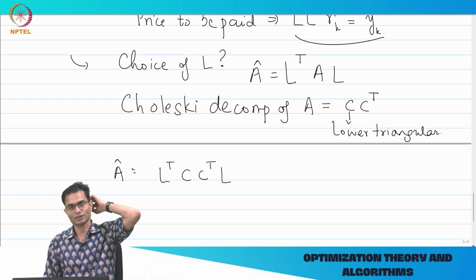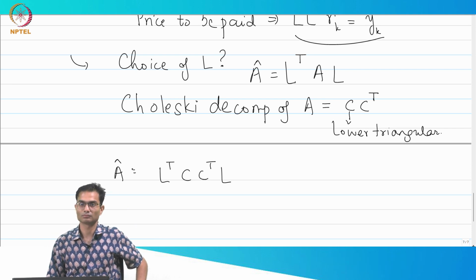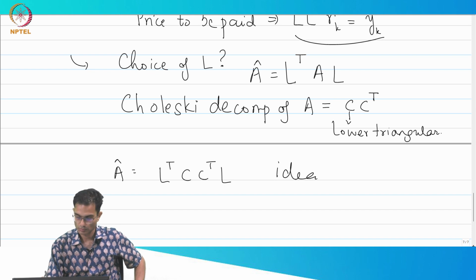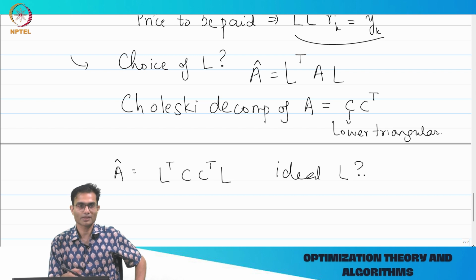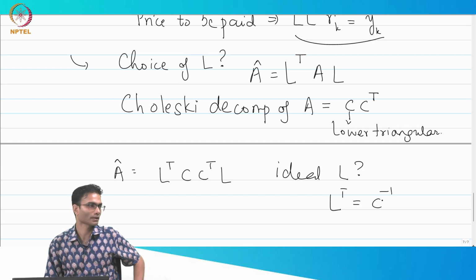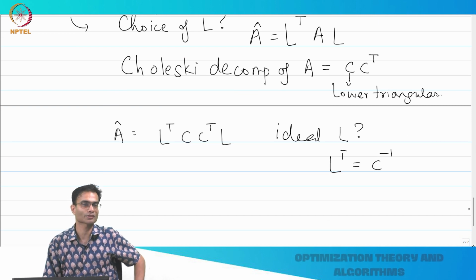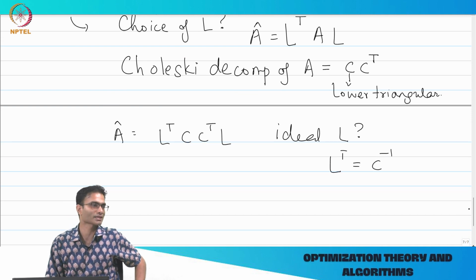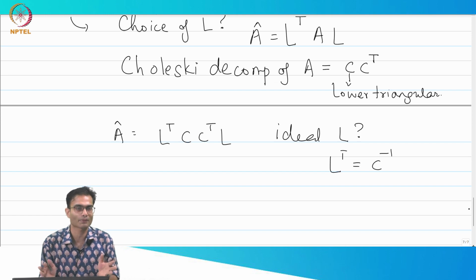Supposing I knew the Cholesky decomposition of A, what would you choose as L? If I can make this into identity, I am done. So the best thing would be that L transpose should be equal to C inverse, right? Then I would be done. Of course, the exact Cholesky decomposition is almost as expensive as solving Ax equal to B. So we are once again back in the same situation. It looks nice on paper, but I can't use it.